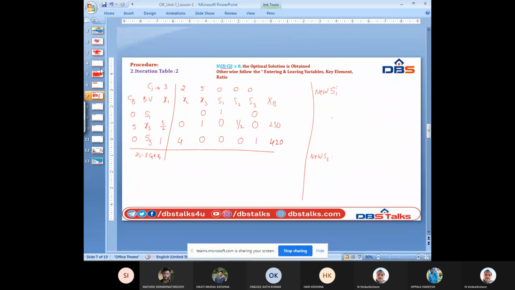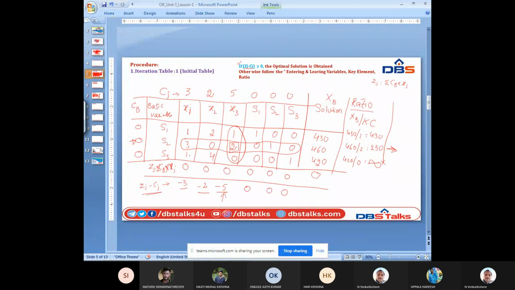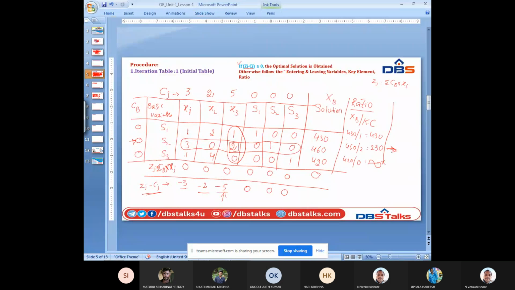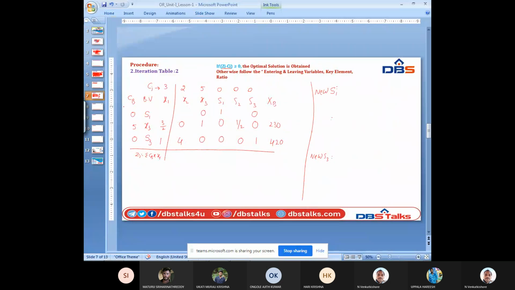Since we have not changed the S3, since the values of the S3 we are already having a numerical value of 1, it follows a simple identity matrix. So we are creating no disturbance in the S3 column. So the same column we have entered S3 as 1 4 0 0 0 1 and 420. That is the equation of solution also the same, 1 4 0 0 0 1. It is 420. Then only the final thing is S1.